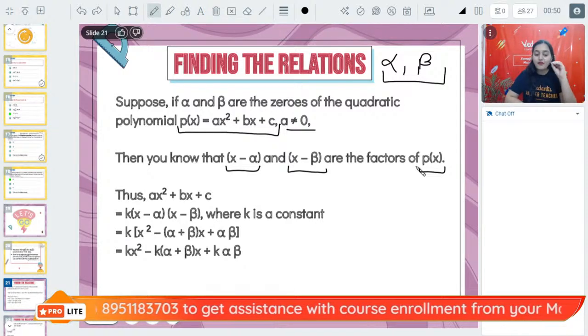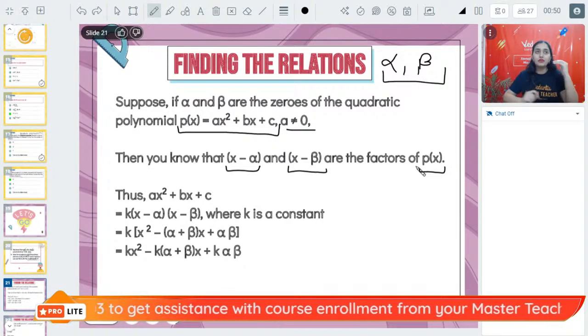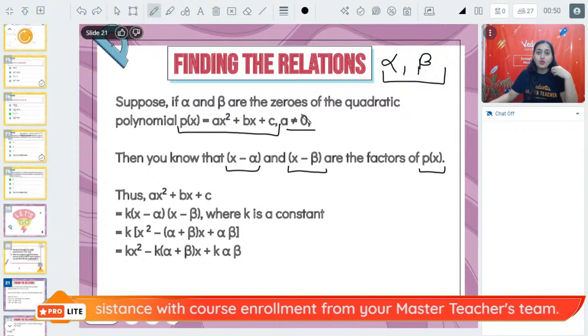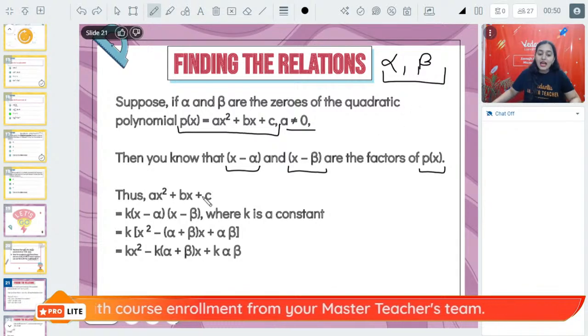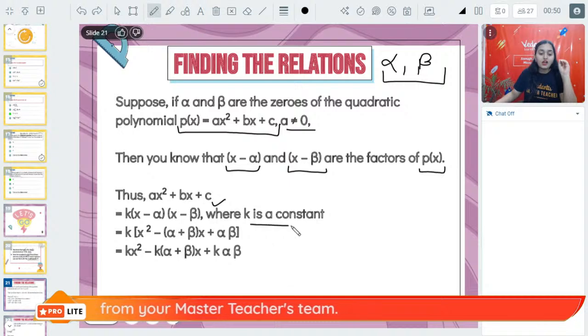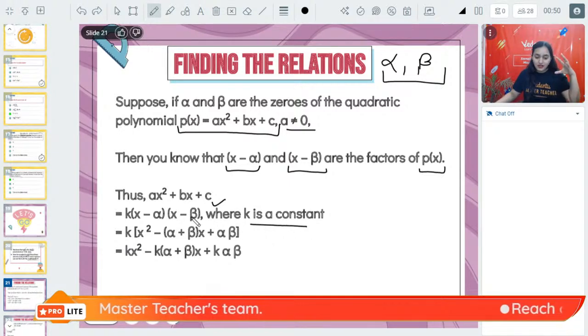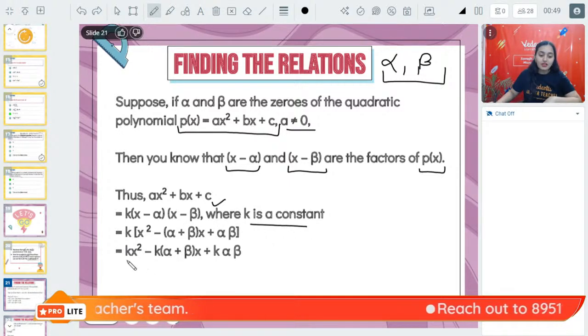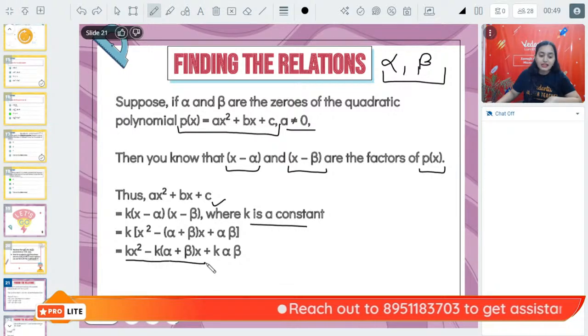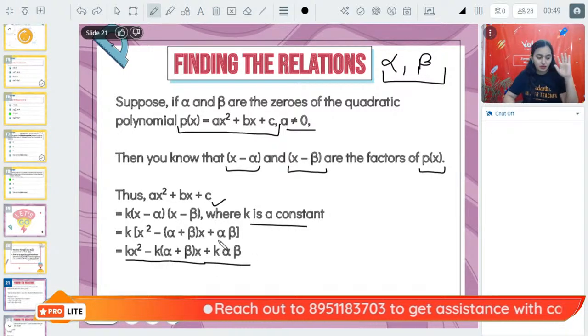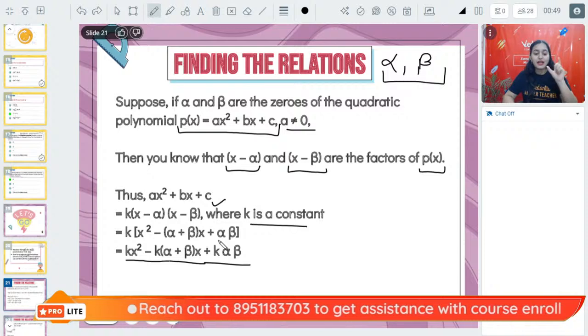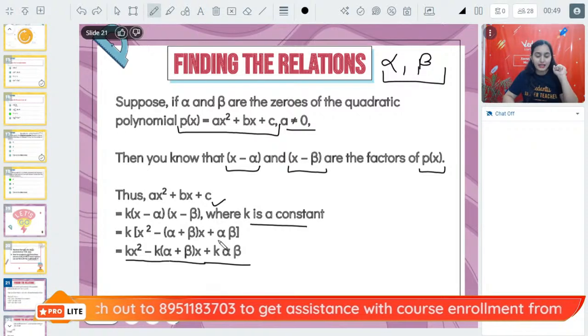So if I want to know what the polynomial is, I will simply multiply my factors with a constant k. When I solve that, I get the equation kx square minus k into alpha plus beta x plus k into alpha beta. So this is the equation that is getting formed. It is like a quadratic equation.